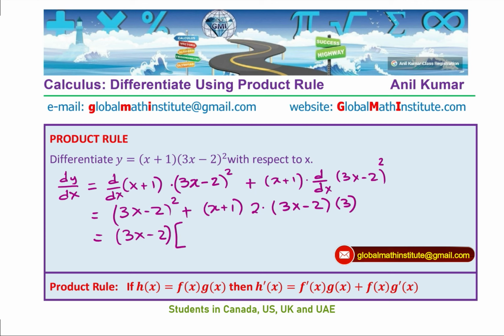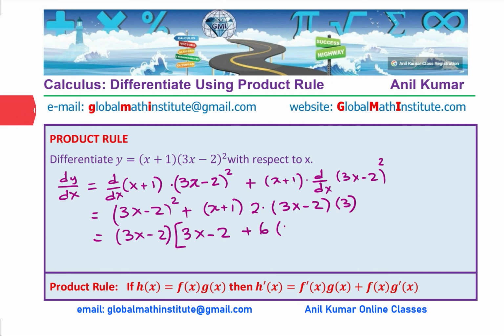In that case, we get here 3x minus 2, and in this bracket, we get 2 times 3, which is 6, times x plus 1, correct? We can further simplify the other bracket, which is 3x minus 2 times, 3x plus 6x will give us 9x. Let me rewrite, expand, and then we'll do it.